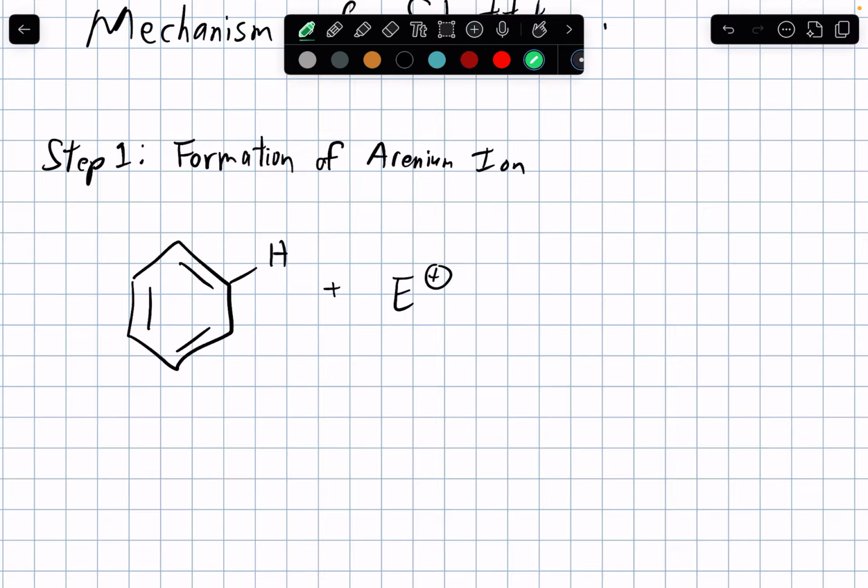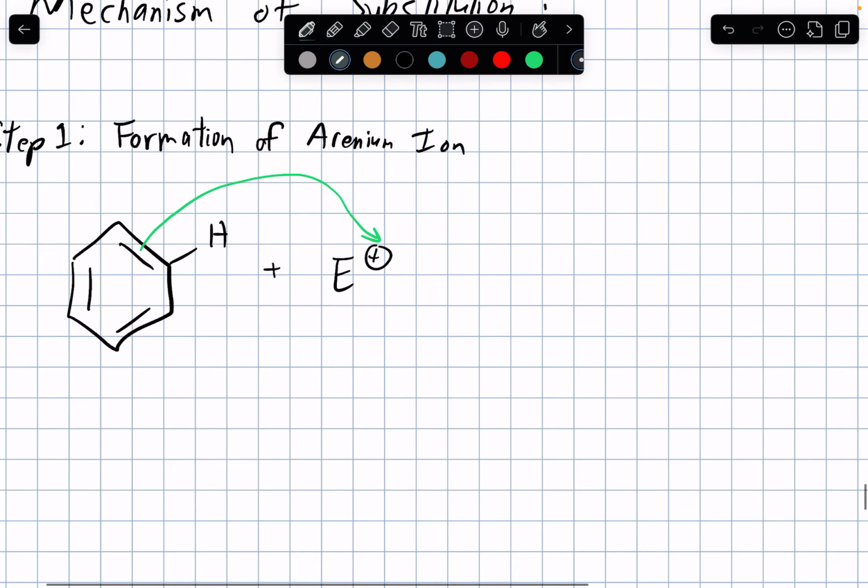So here, once you generated the electrophile, it's already here. The first step, the first arrow, is going to be this. Coming from the pi bond, you aim towards the electrophile.